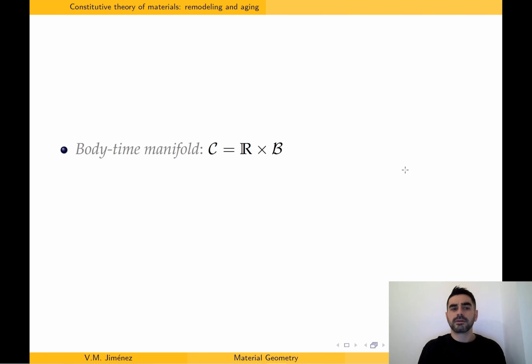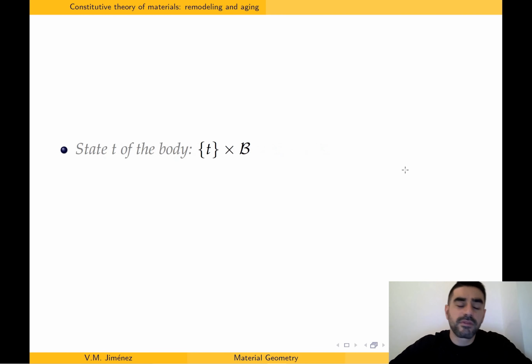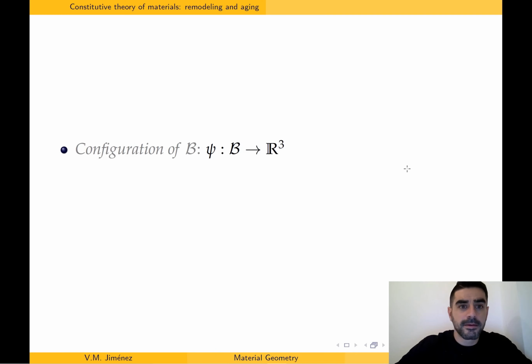We will think about this body time manifold as a projection on the time variable. So it will be thought of as a fiber bundle whose fiber is the body. Then if we fix a time t, we obtain what is called the state at this time of the body.